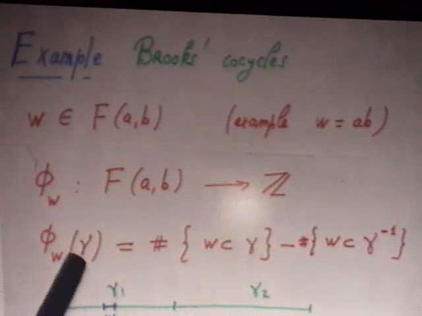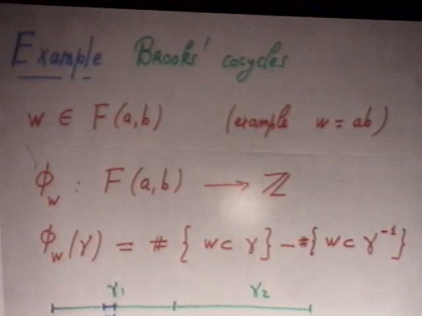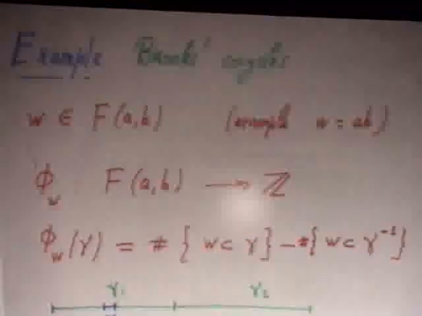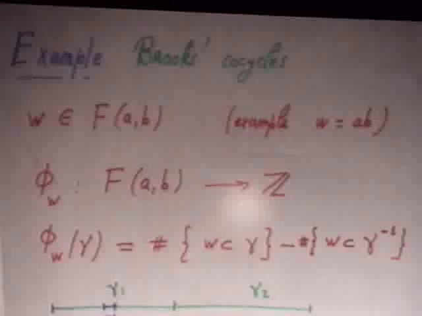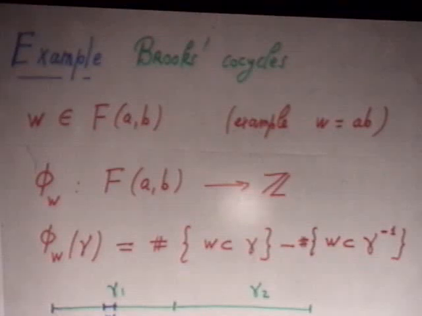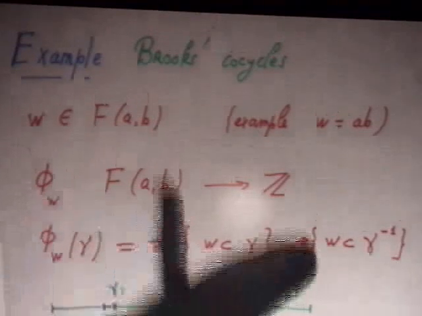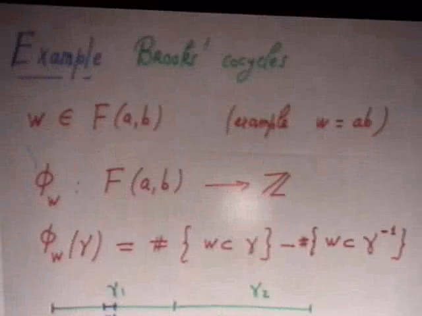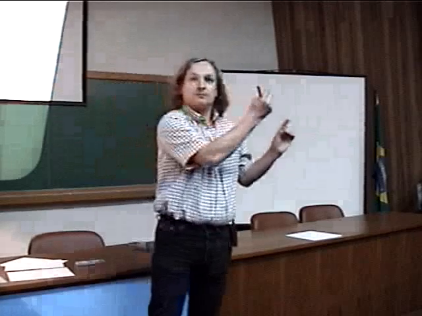You take an element, gamma, in the free group. An element in the free group is just a word in A and B. And you scan inside the word how many times you can see a subword, which is W. So you look into your long word gamma, how many times you can see W. And you deduce from that the number of times you can see W in the opposite word.